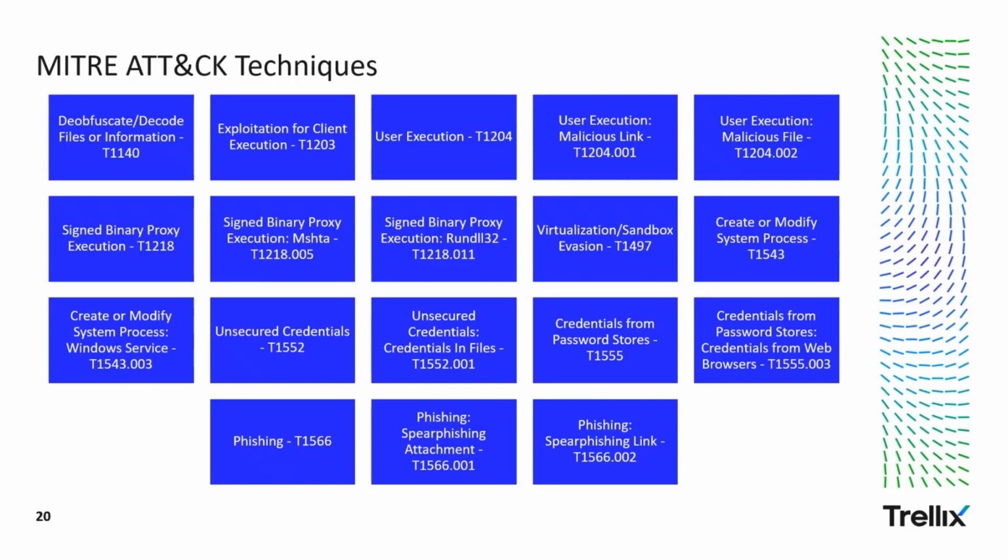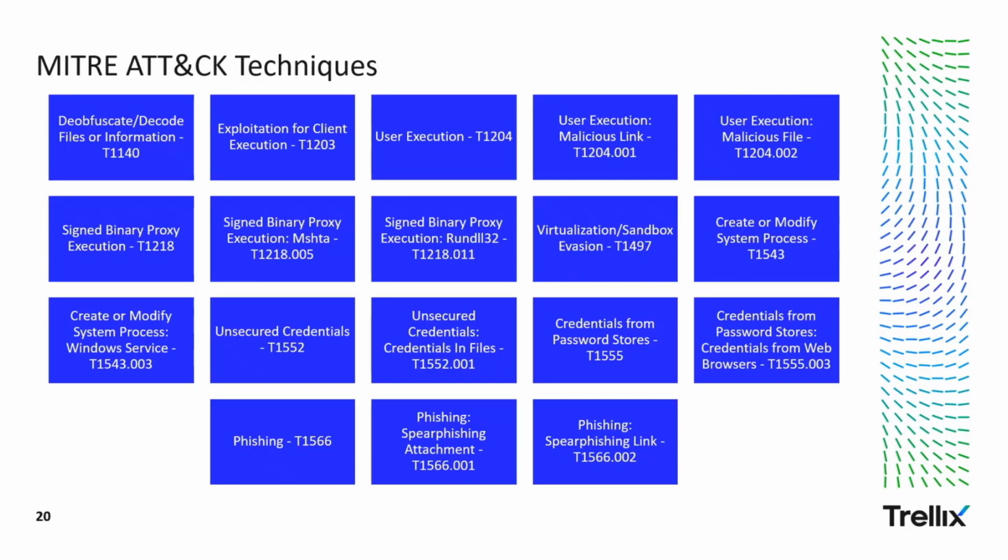Next up, we're going to see unsecured credentials, which has a few different ones, or has one that actually falls underneath here, but a couple of different credentials techniques in general. So as for T1552, adversaries may search compromised systems to find and obtain insecurely stored credentials.